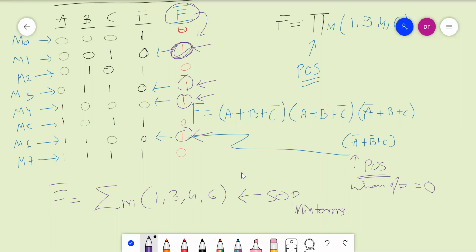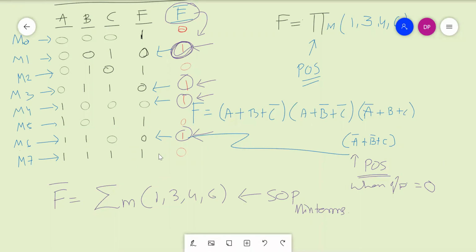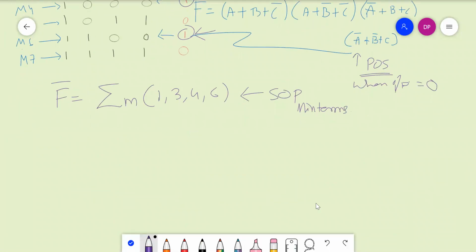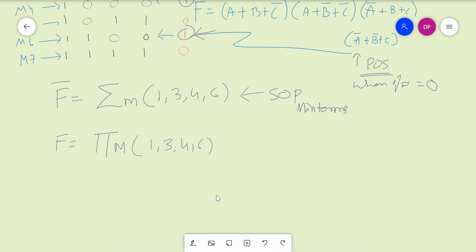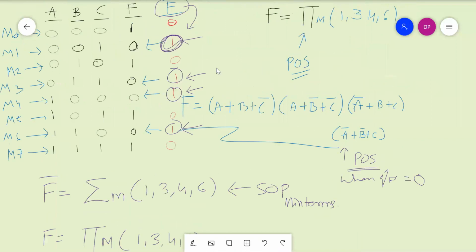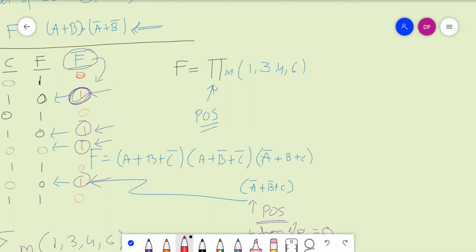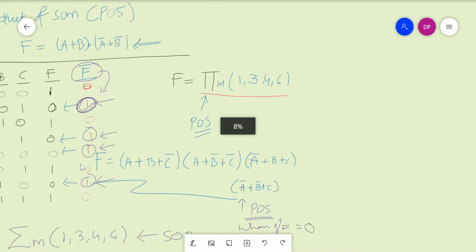Now let's see, min term expression is this. What is the max term expression? F is equal to, we got 1, 3, 4, 6, isn't it? This is what we have written here, this line, 1, 3, 4, 6, the max term for the same set of inputs.